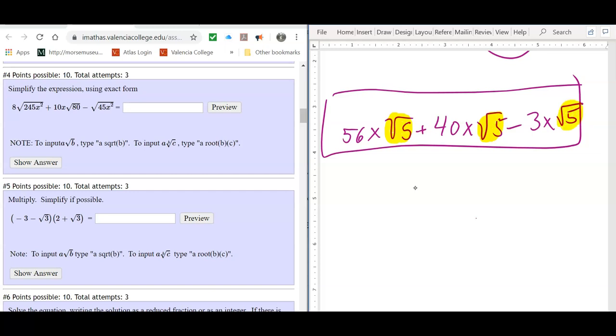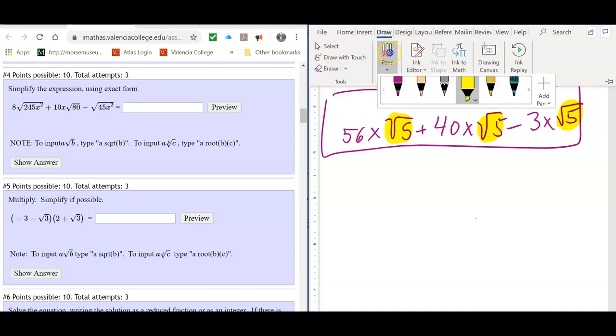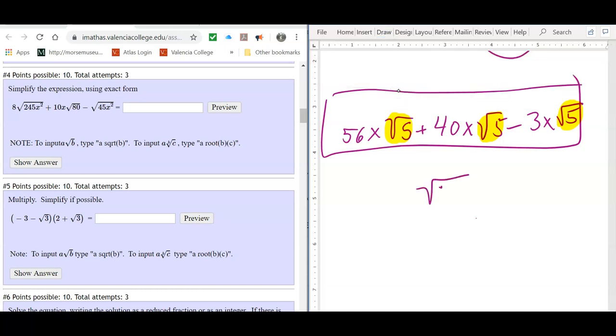Just like anything like, when we have like terms or like fractions, we keep the like part the same and we add or subtract the coefficients. We're going to do the same thing here. We're going to keep the like part the same. It's a square root of 5. And all I need to do is, what is 56 plus 40? That's 96. Minus 3 is 93x. And that's my answer.